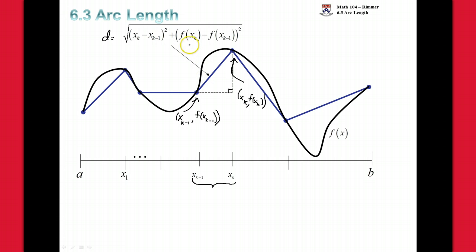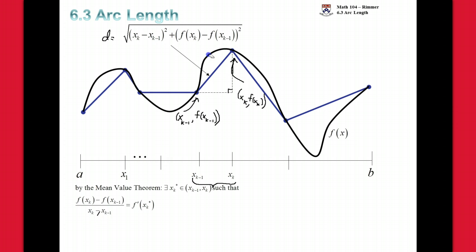Okay, we're going to do some algebraic manipulations to this in order to work through the derivation and end up with our formula for arc length. The mean value theorem says basically that somewhere on the interval there'll be a place where the tangent line has the same slope as this secant line.